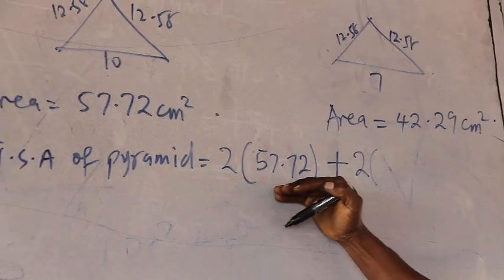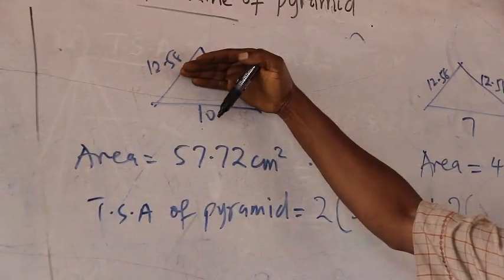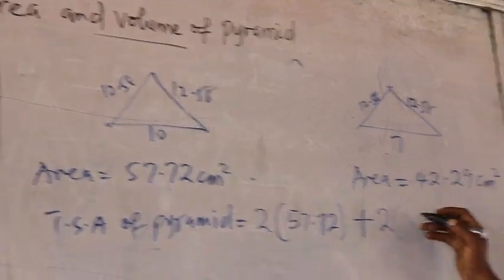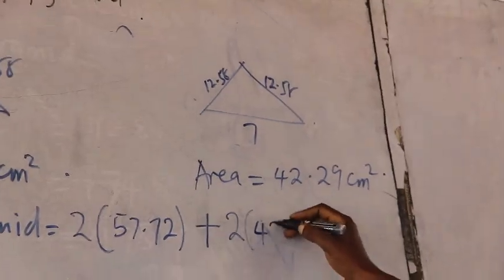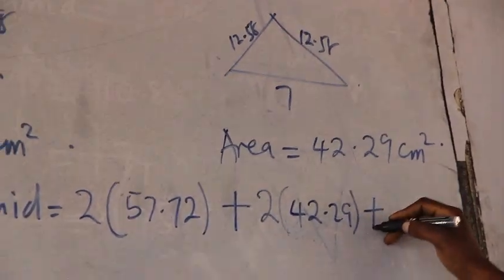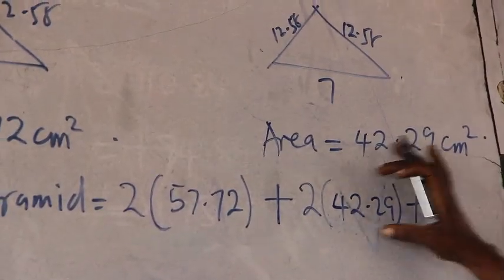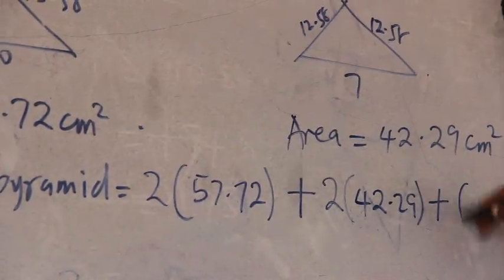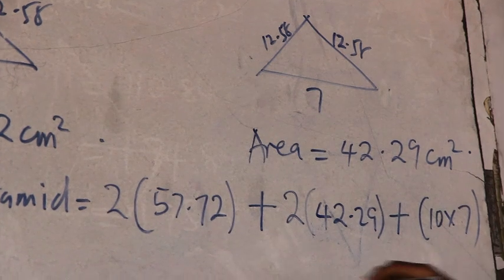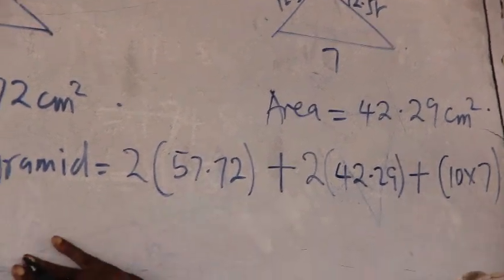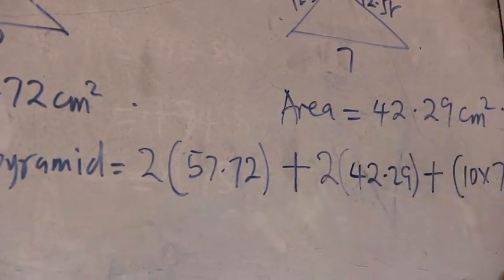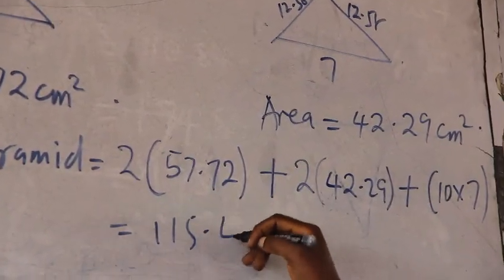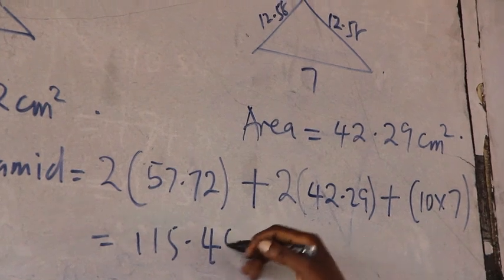This triangle has another one at the opposite side. This 2 is for the lateral faces. Base area is 10 times 7.